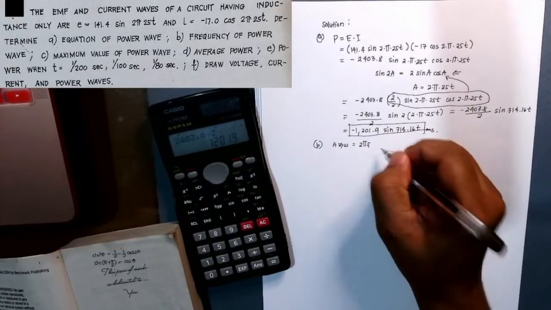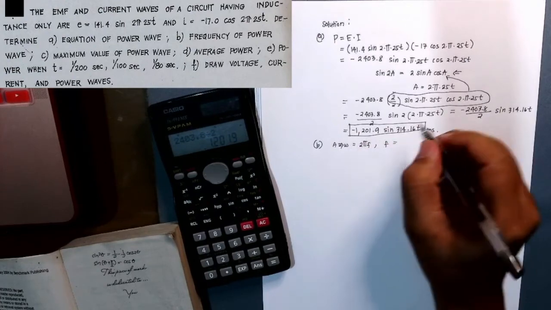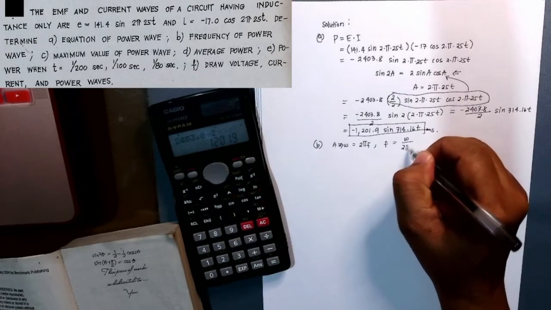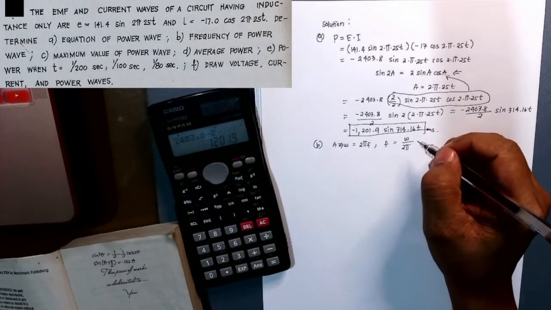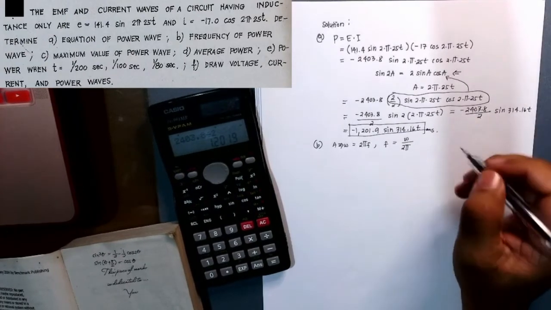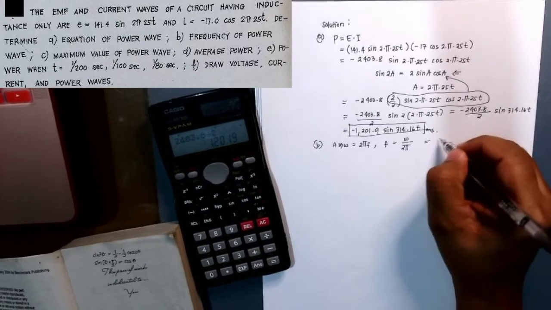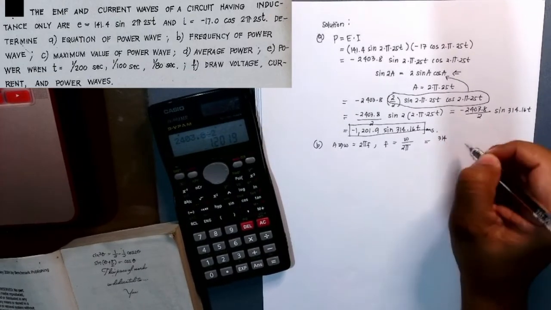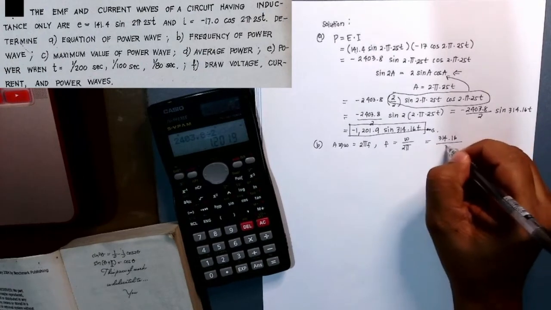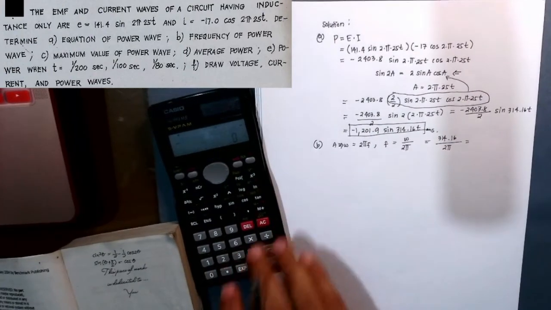So therefore our f can be manipulated from this formula, which is omega over 2 pi. Here we have 314.16 as our omega, so 314.16 divided by 2 pi, and we use the calculator.